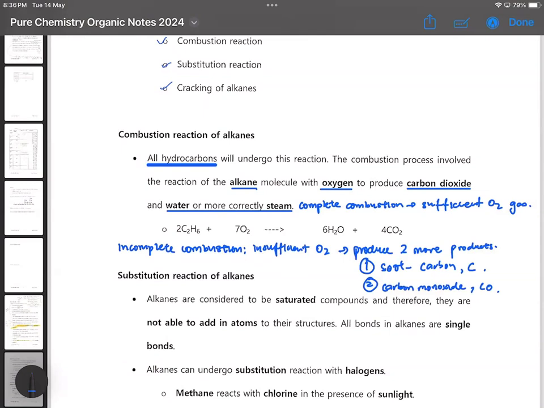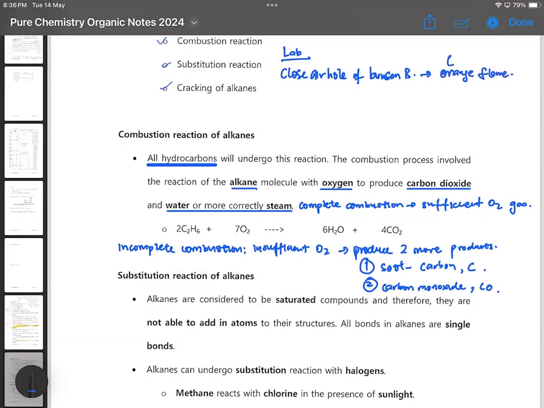Okay, a very clear example of when you actually observe complete and incomplete combustion: in the laboratory, when you close the air hole of your Bunsen burner, you will see that it is an orange flame.